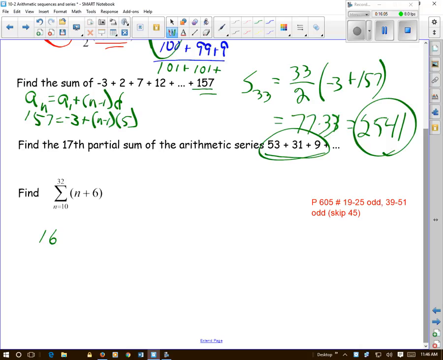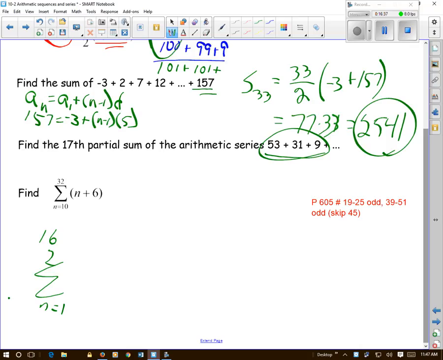Well, if this was 1 and this is 2, that would be 2 terms, right? If we just had a sum from n equals 1 to 2, how many terms would we have there? 2 terms. So the number of terms that you're going out is the top minus the bottom plus 1.